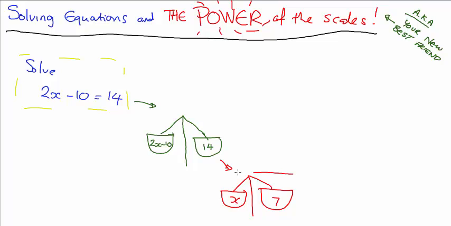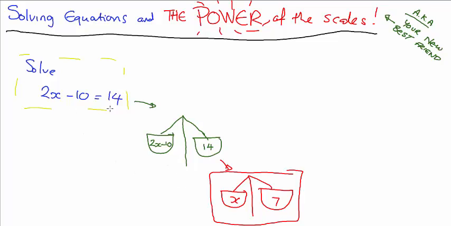What do you think x would have to be in this situation? Have a think about this. And hopefully most of you said x would have to be 7. Because if there's 7 on one side and just one x by itself on the other side, balancing perfectly, then x has to be 7. There's no other way it can balance.